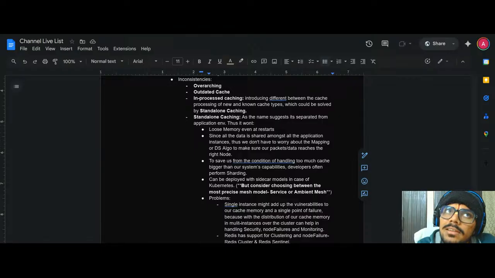You can even have a sidecar deployed along with that different component and then play around. But still it will add a lot of complexity for your application. So that is the disadvantage. That's what I was saying.